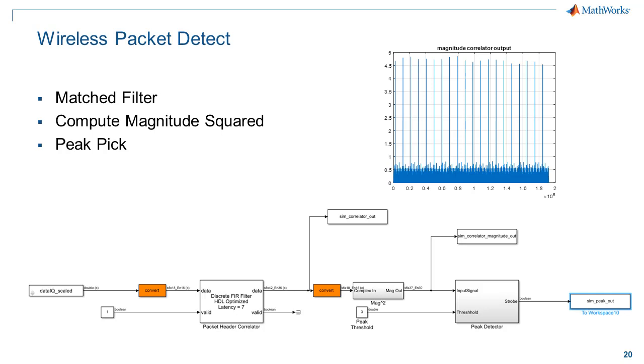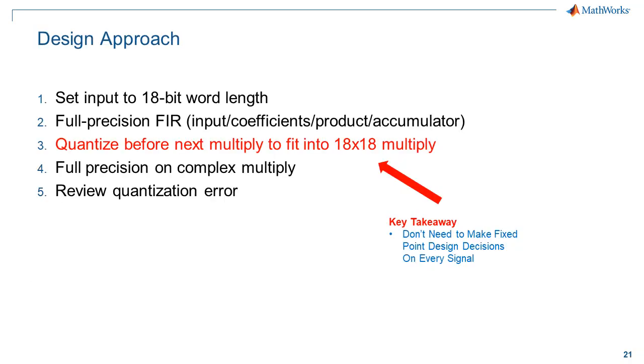Okay, so in this particular problem here, what we're going to do is we'll have a matched filter FIR. We'll take the magnitude squared of that result, and then we'll look for peaks. Okay, and from a methodology standpoint, I'm going to set the input to an 18-bit word length. It turns out that both Xilinx and Altera naturally will do 18 by 18-bit multiplies in terms of their dedicated DSP resources.